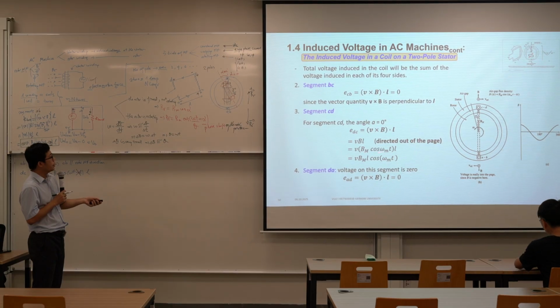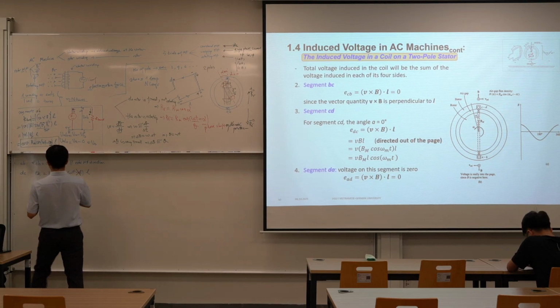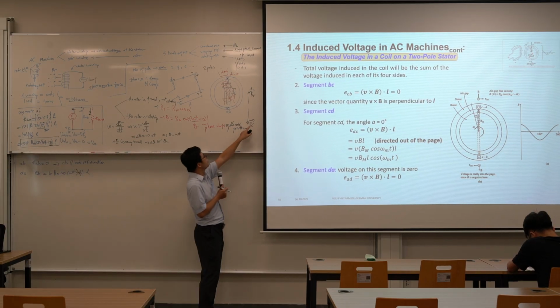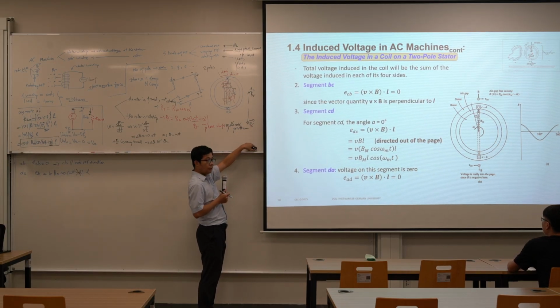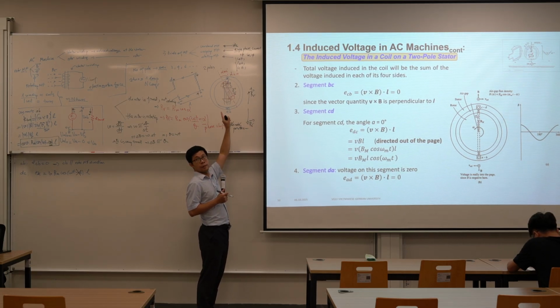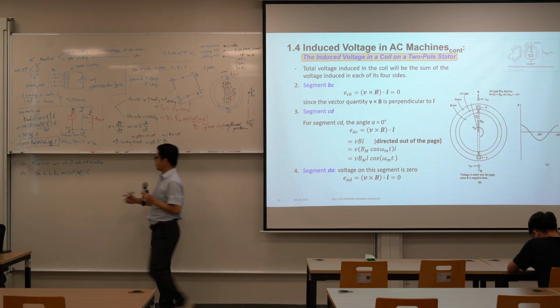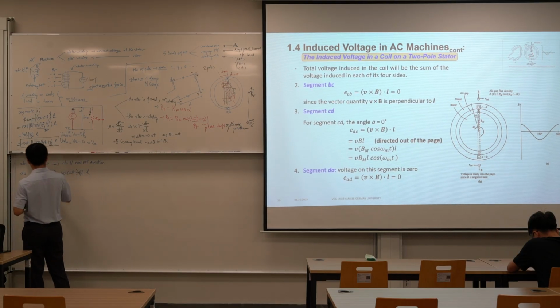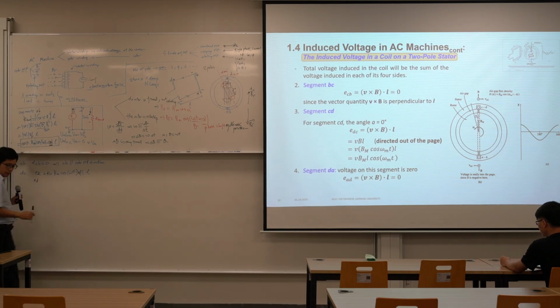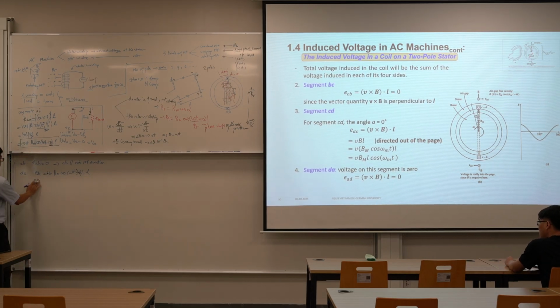And we don't have minus here because we assume that if BR is going down, you get minus. So BR is going up, you get positive. Then EDA is 0.